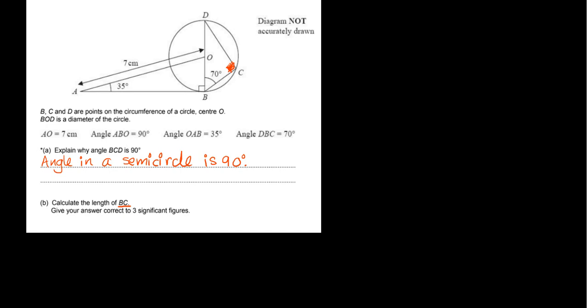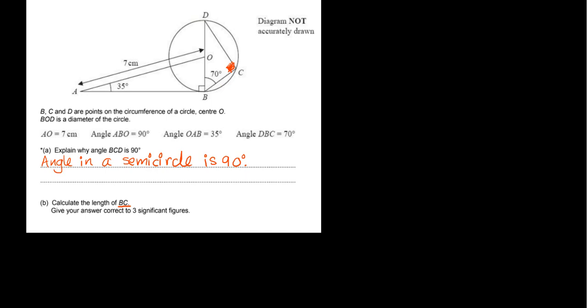BC is this side here. Now to find this length, I need to come up with a strategy. I've been given in this triangle DCB just one bit of information, that this angle over here is 70 degrees.